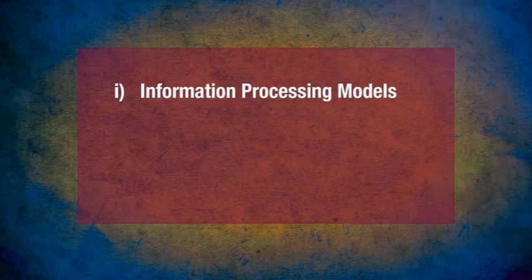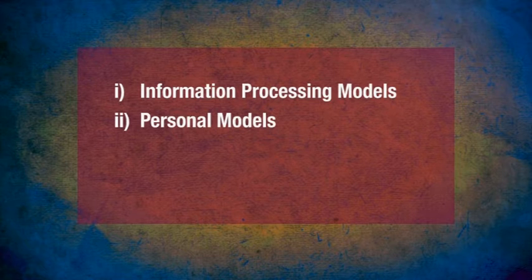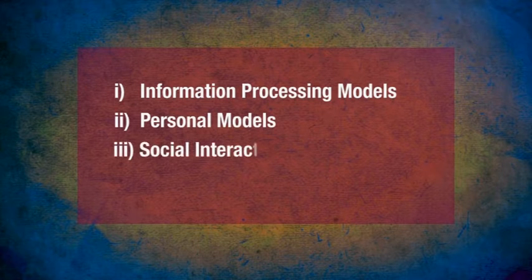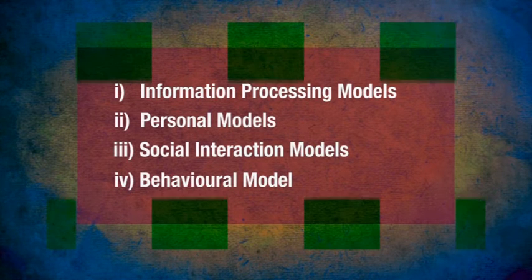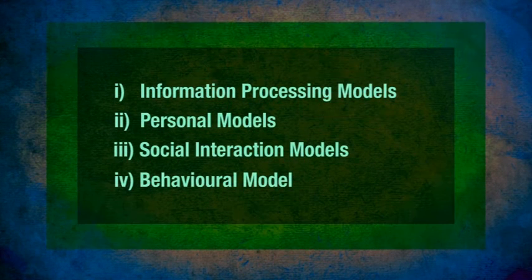The 4 families are as follows. Number 1, information processing models. Number 2, personal models. Number 3, social interaction models. And number 4, behavior model. Let's now study them one by one.